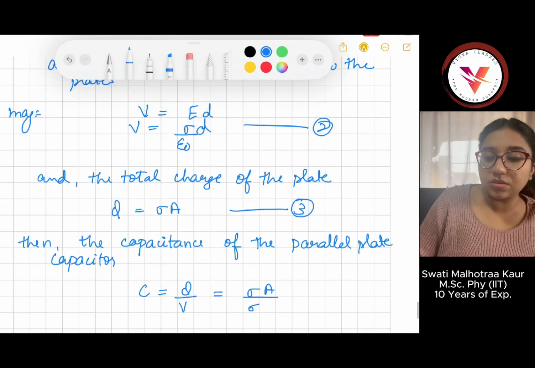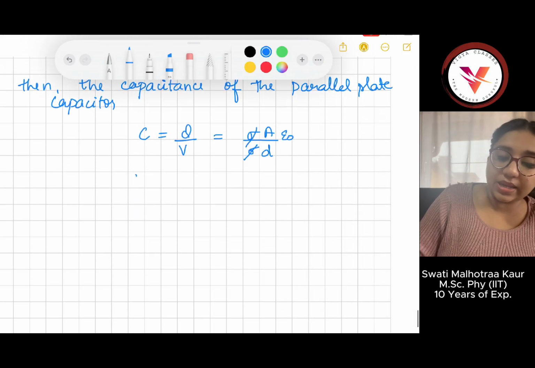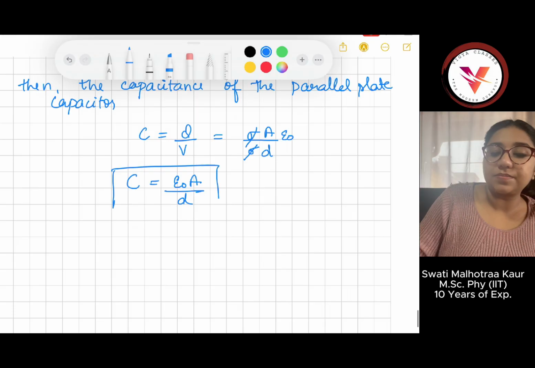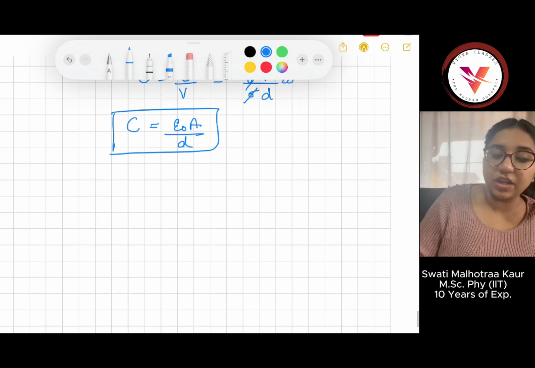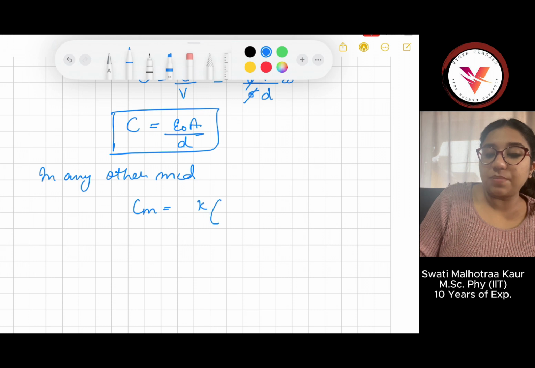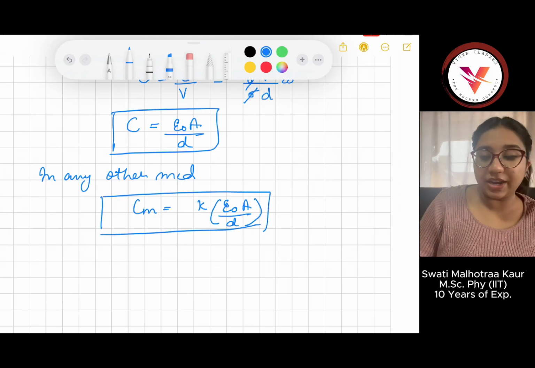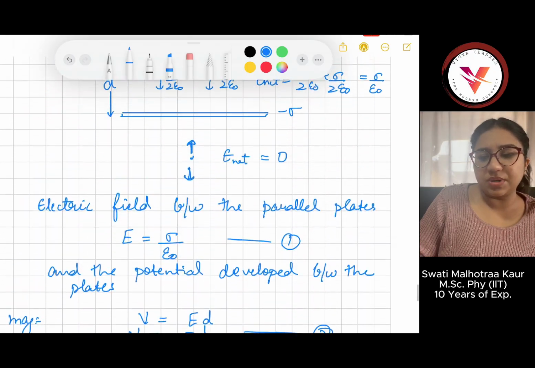So sigma cancels, epsilon naught goes up, and the capacitance in vacuum comes out to be epsilon naught A by d. Very simple. In any other medium, you have an extra kappa here, which we will see in the next derivation, the value of capacitance in the presence of dielectric. Okay, so it's a very simple derivation.